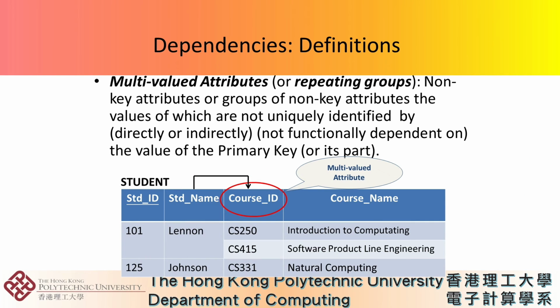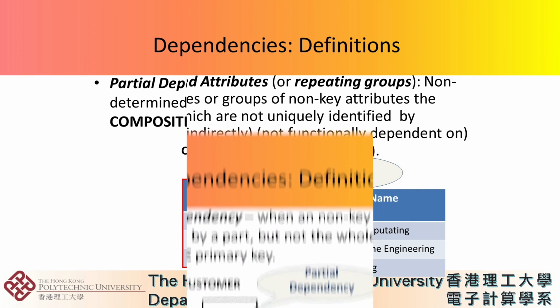Multi-valued attributes or repeating groups means non-key attributes or groups of non-key attributes, the values of which are not uniquely identified by the value of the primary key. In this example, course ID is a multi-valued attribute because students can study many different courses.